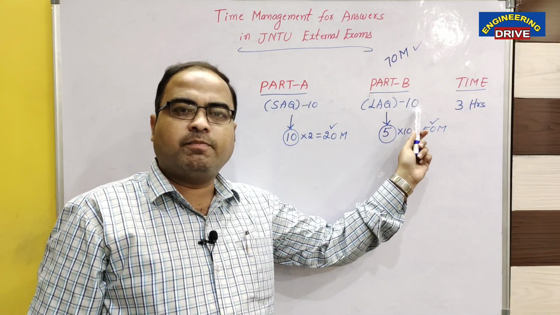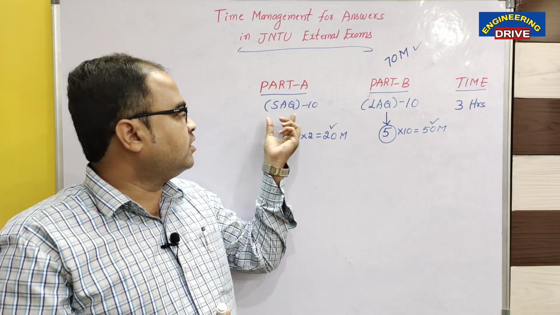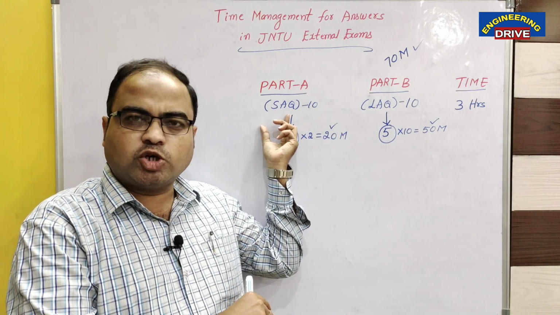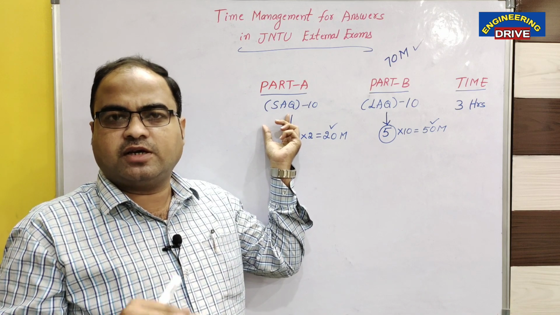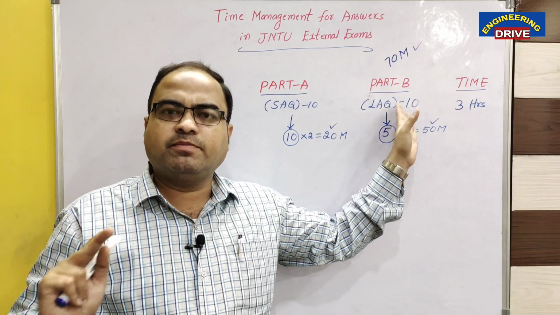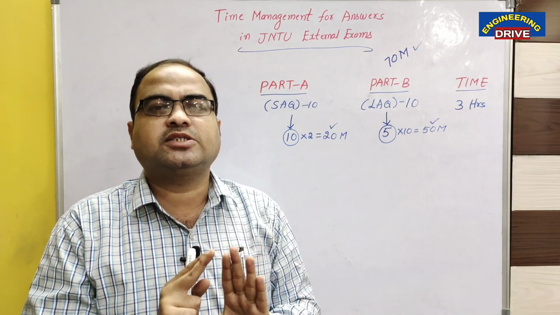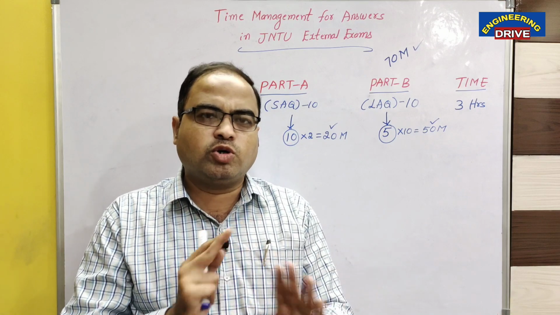Part A is there, part B is there. The first mistake students make is that they write 2 or 3 answers from short part A. They don't know the remaining 7 short answer questions, so they directly jump to part B and start writing part B. Don't implement this method. It is actually a wrong one. I recommend you don't use this method.